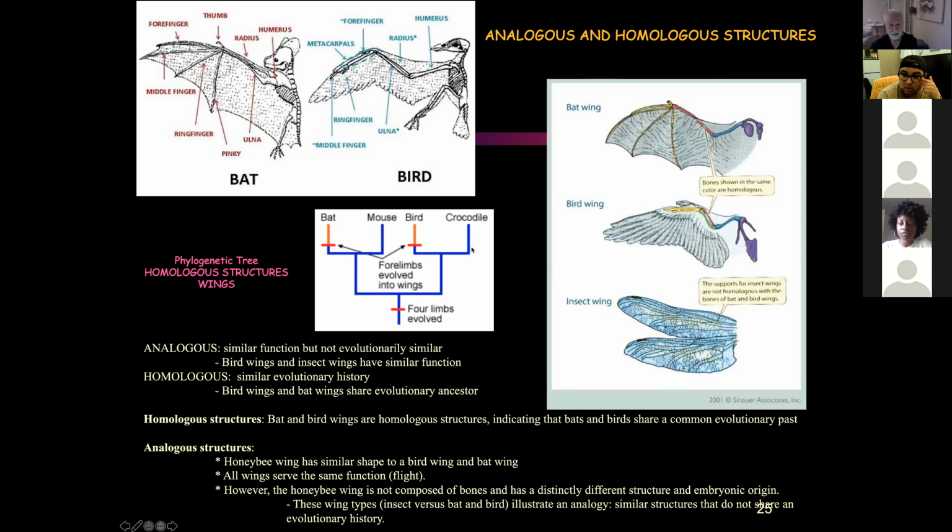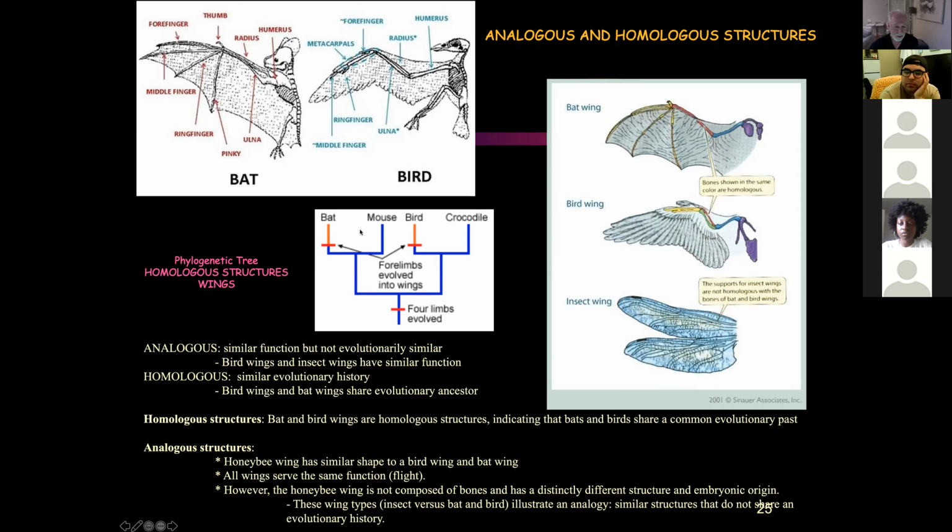Birds and crocodiles are closely related, relatively speaking. One has wings and the other doesn't. Now, the other branch of this tree has a mouse and a bat. They are closely related. Bats have wings, mice do not.